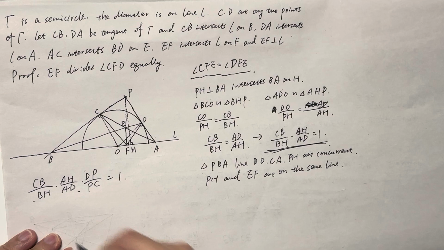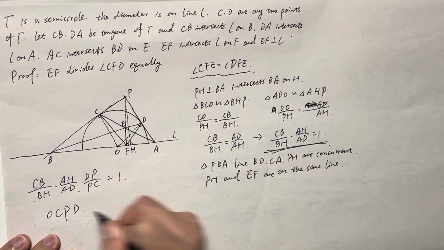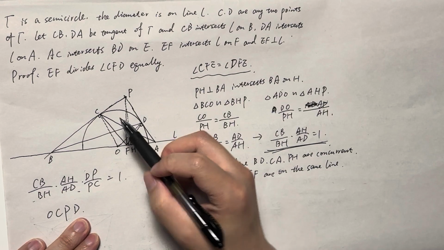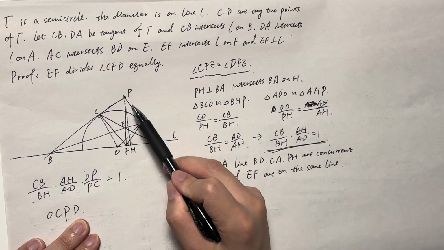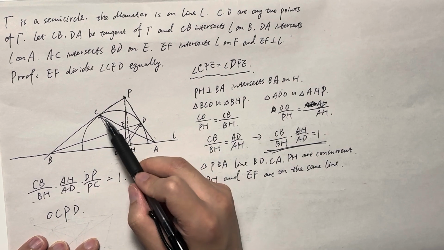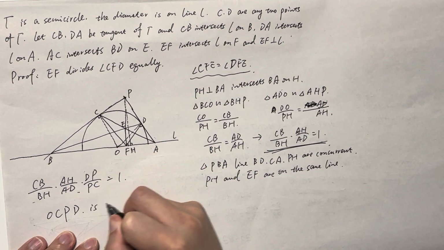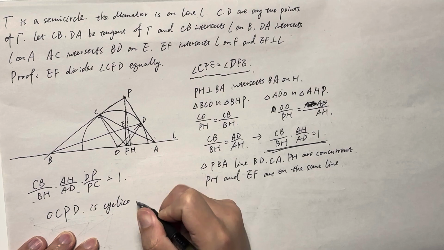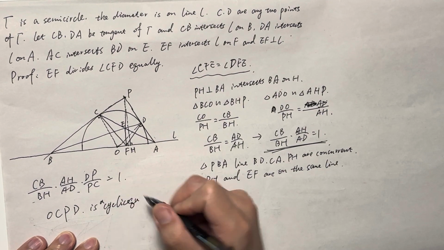And now we see OCPD. Because angle OCP equals angle PDO, which is 90 degrees, OCPD is a cyclic quadrilateral.